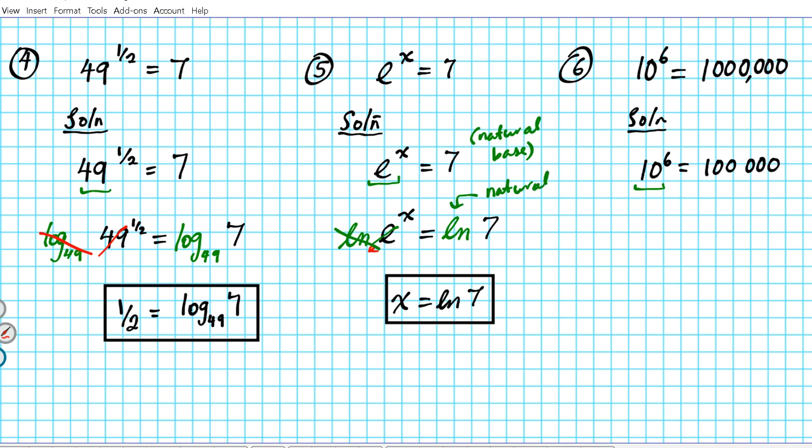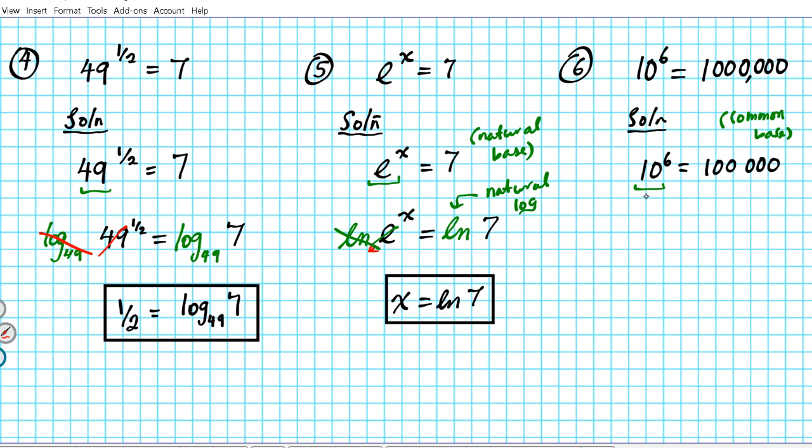For number 6, guess what? Base 10 has a special name. This is your common base scenario. Common, because we're working with base 10. So the two special logs to keep in mind are base e, the natural base, and base 10, the common base.